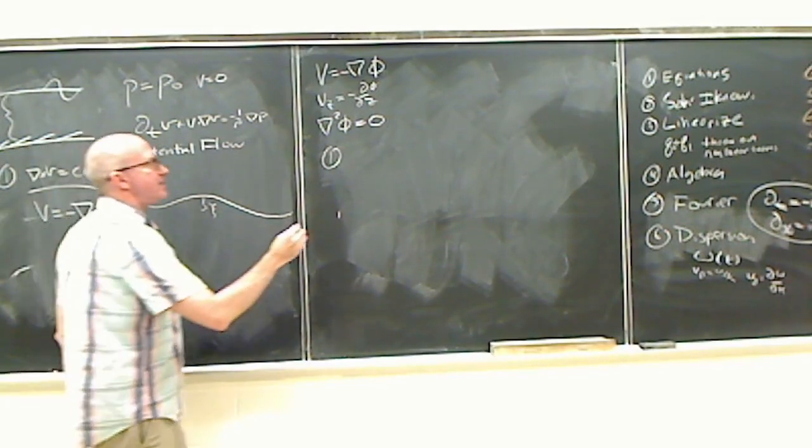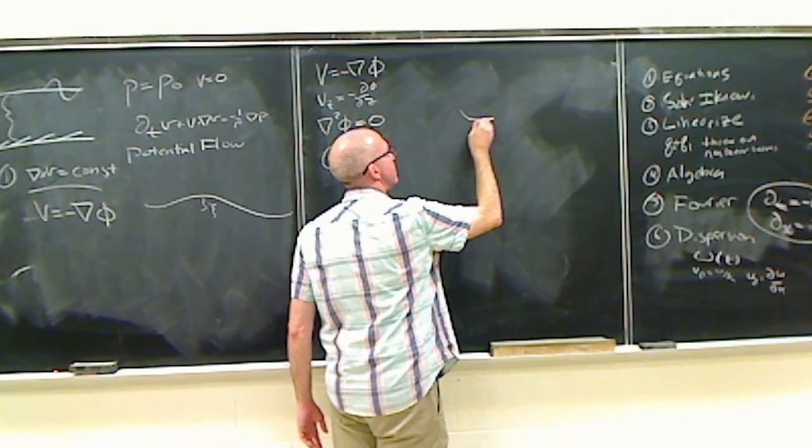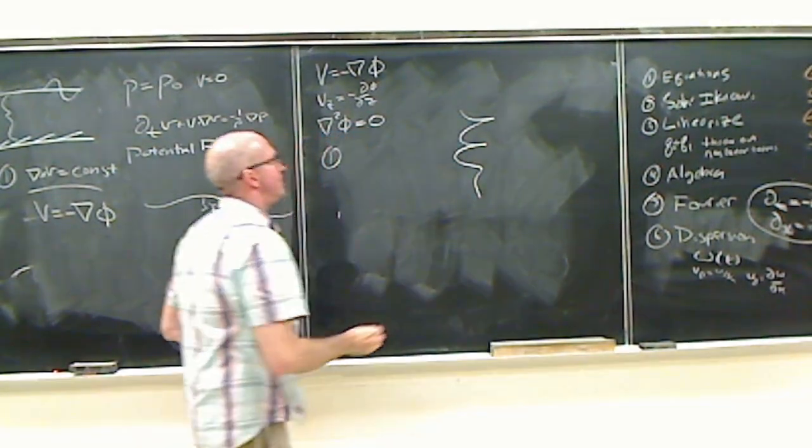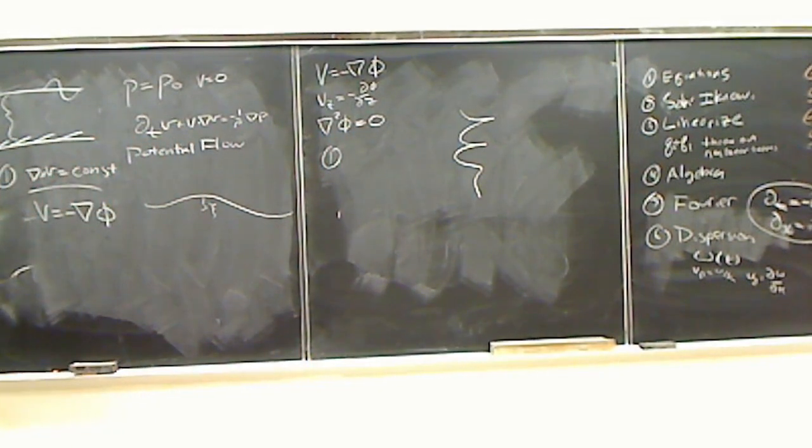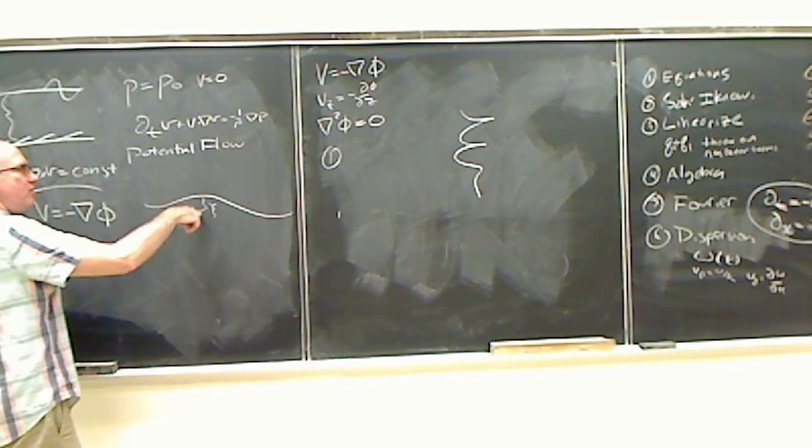And I kind of hate this letter, c. It looks like a z or an x or something. I don't know. But for some reason, it's always used in this particular scenario for the height of the wave.